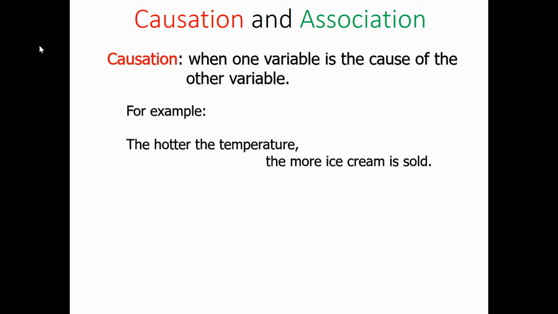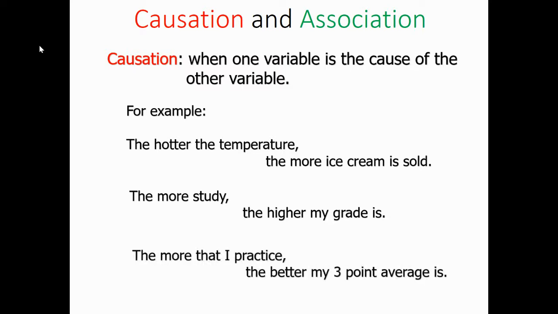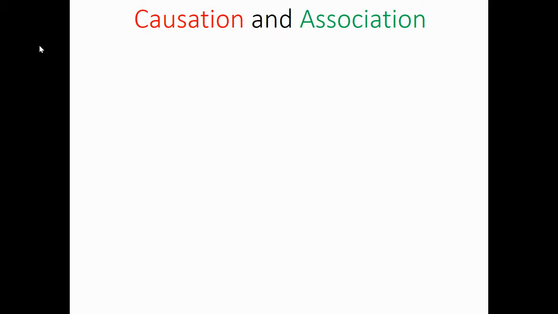One other way to remember this is cause and effect. The more I study, the higher my grade is. Those are associated, and one causes the other to happen. The more I practice, the better my three-point average is. Those are both associated, and one causes the other to happen.